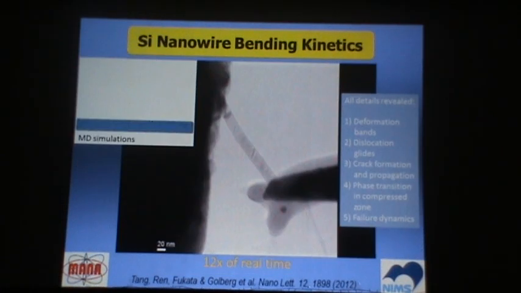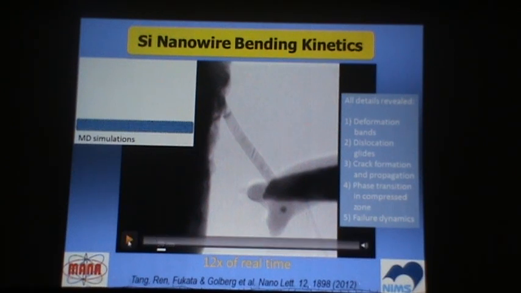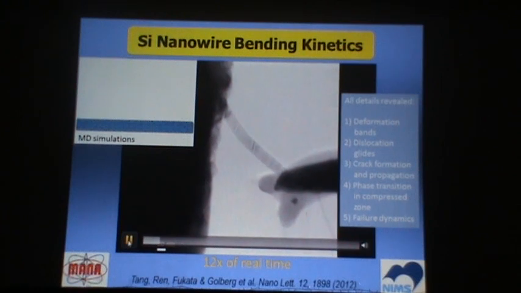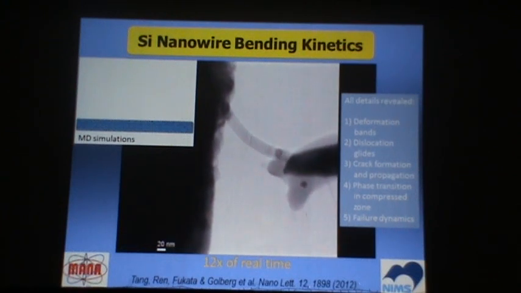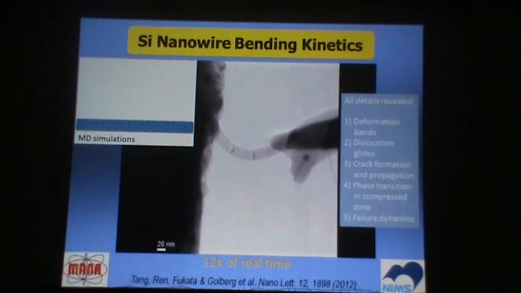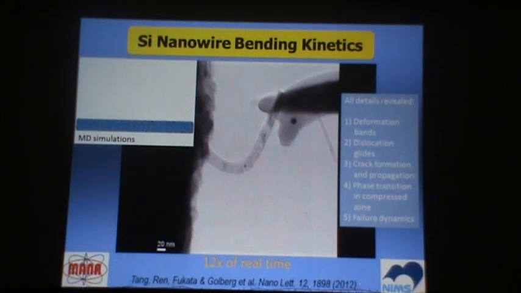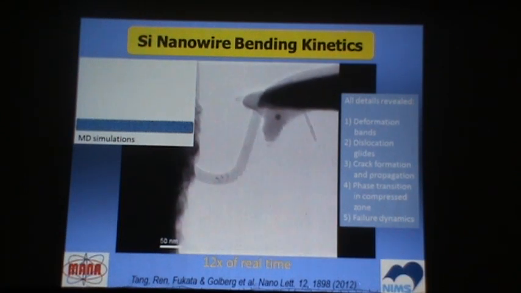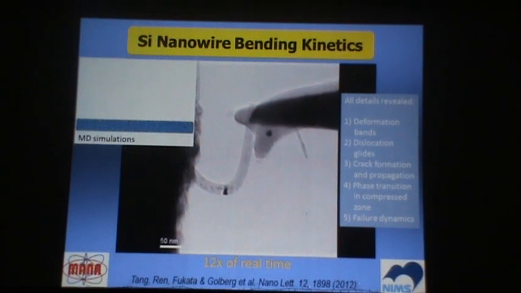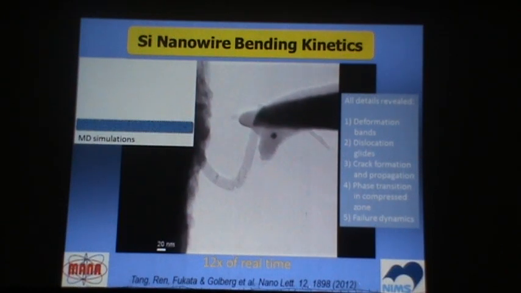But interestingly, when we change the deformation mode from tensile test to bending, we found that these silicon nanowires may have some fraction of plasticity. You can see that the nanowire can be bent, but still the crack is appearing here, and you can see all these dislocation collisions, formation of deformation zones, and finally the fracture of this nanowire.